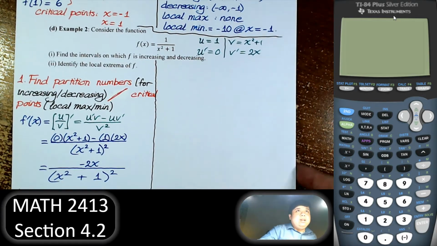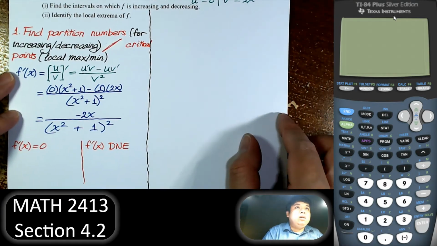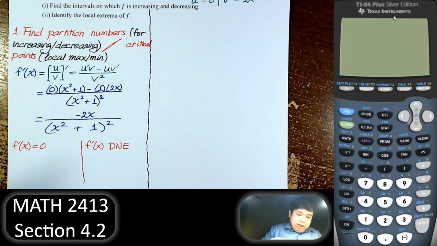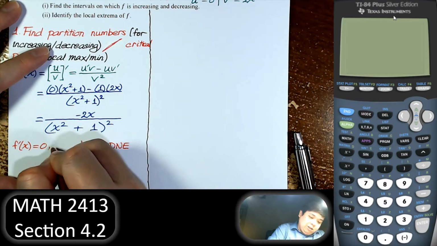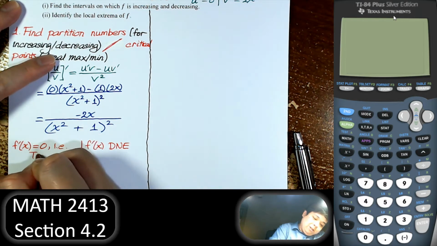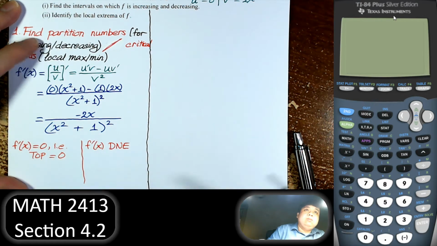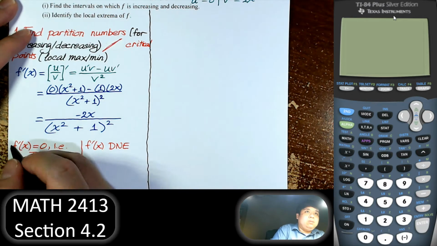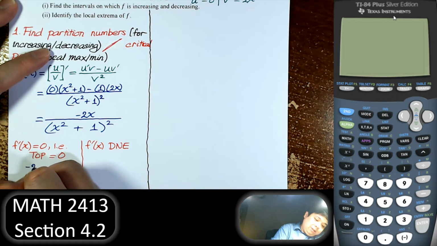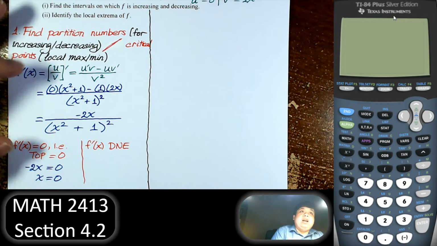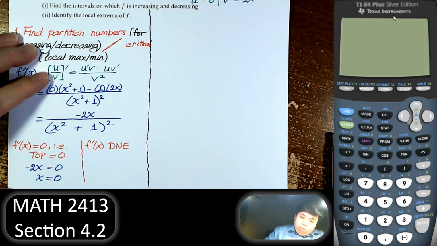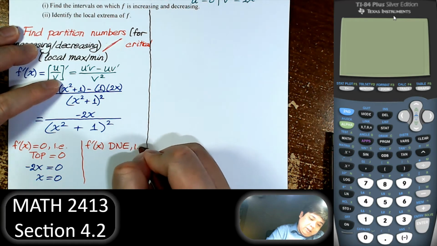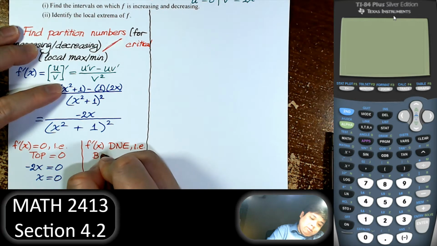Equal to 0 is where the top equals 0. Divide by negative 2 on both sides, and we have x equals 0.